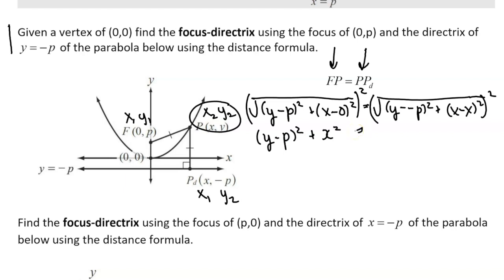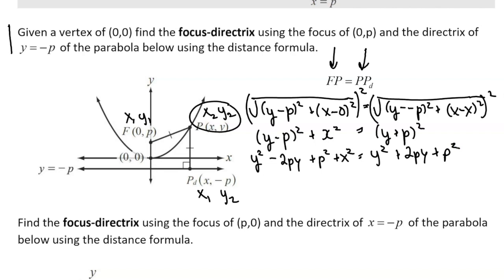And then on the right side here, we would have (y + p) squared, and then x minus x would reduce, so it would just be (y + p) squared. So let's FOIL out our (y - p) squared, and we would end up with y squared minus 2py plus p squared plus x squared equals y squared plus 2py plus p squared.